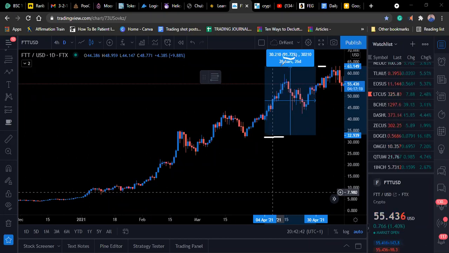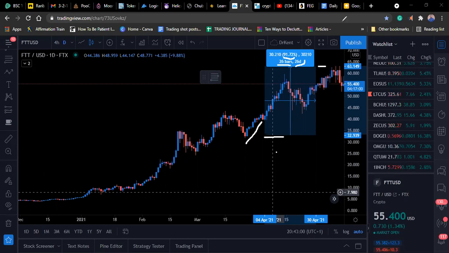Then this 26 bars tells me how many candles were counted. And here I'm on the daily time frame, so this 26 bars equals 26 days. So that's what you have here.